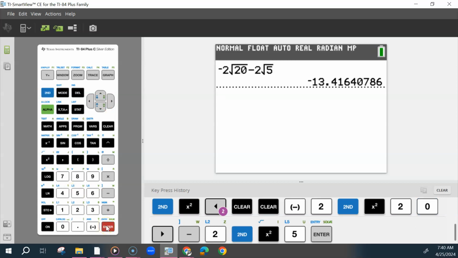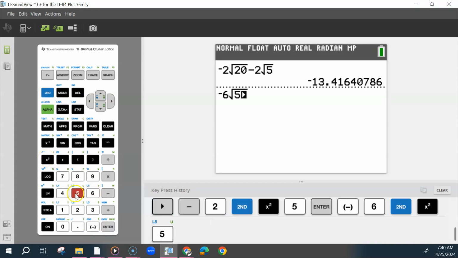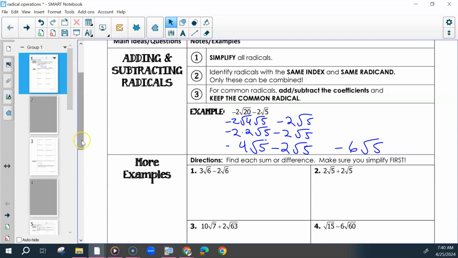Okay, and then our final answer was negative 6. So even if you're doing your operations, you can still check it in your calculator and Desmos.